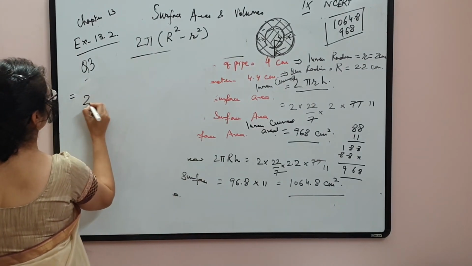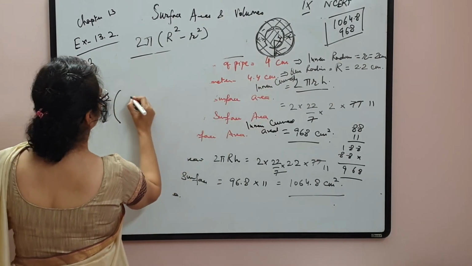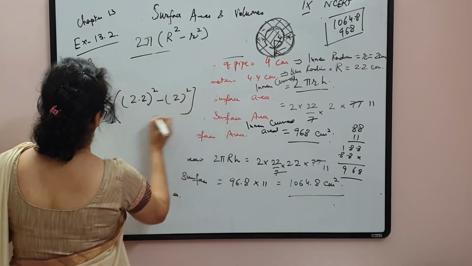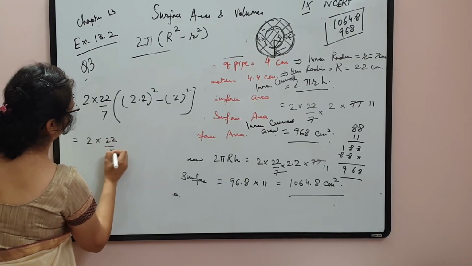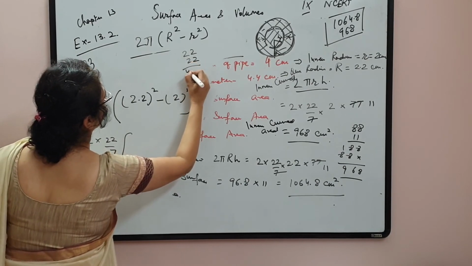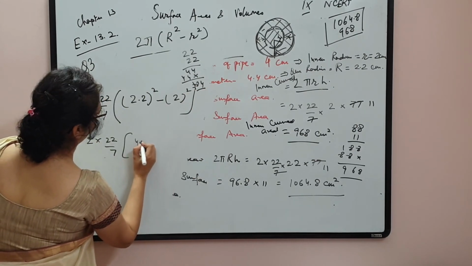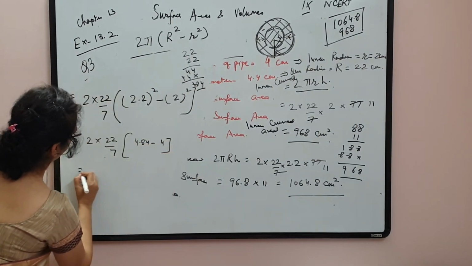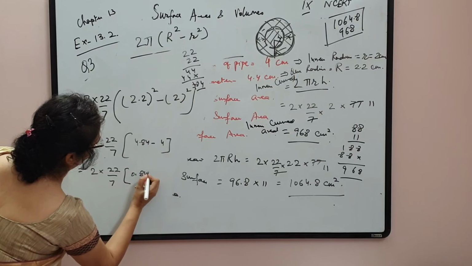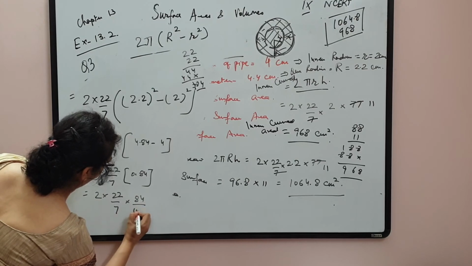Alright, so this is 2 into 22 by 7. And what is R square, children? Capital R is 2.2 whole square minus small r is 2 whole square. What do you get? 2 into 22 by 7 into 2.2 square is 4.84 minus 4, which is 2 into 22 by 7 into 0.84. This can be written as 84 by 100, children.